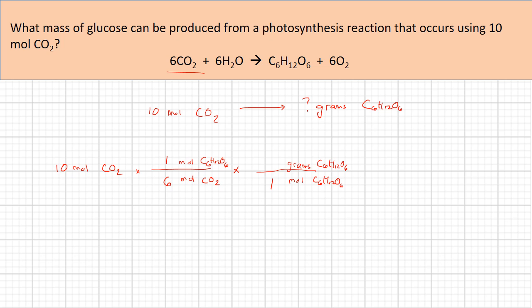So we're going to have 6 carbons, 12 hydrogens, and 6 oxygens. So we need to know the molecular weight of all of these wonderful molecules, which, if I'm being lazy, which I totally am, I've already looked ahead, and I'm going to tell you that the molecular weight for carbon is 12.